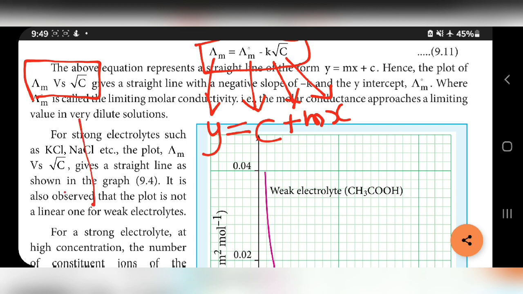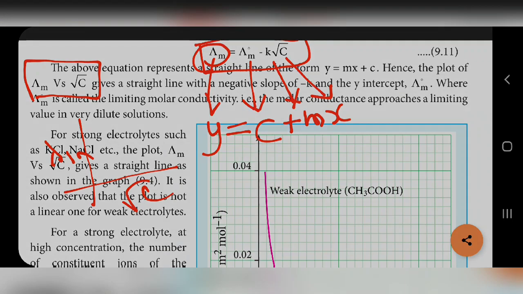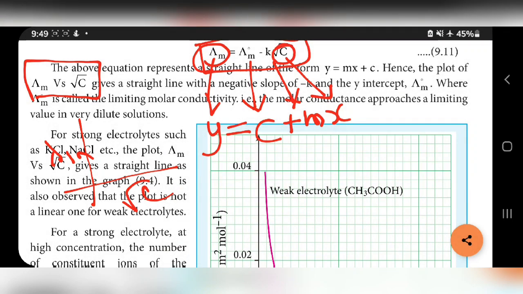In this graph we are taking Λm as the y-axis and root C as the x-axis.